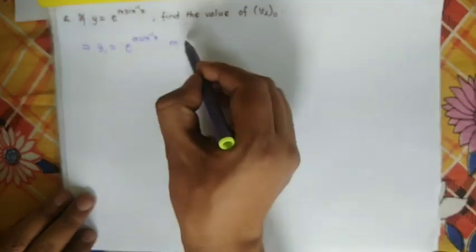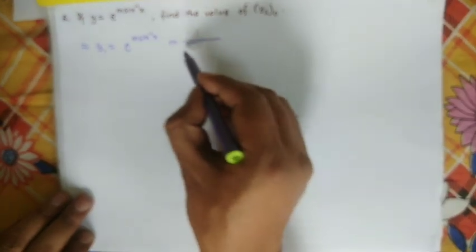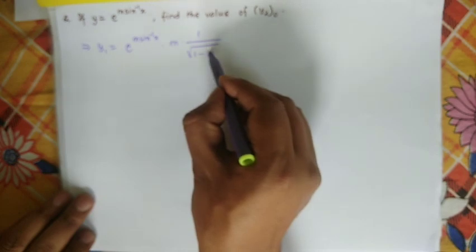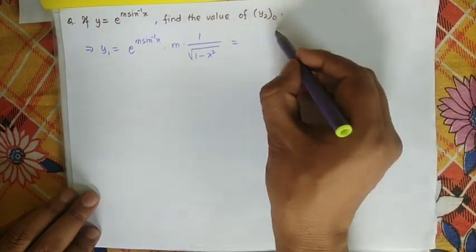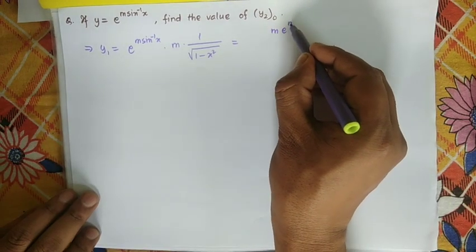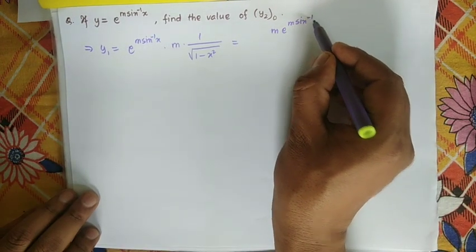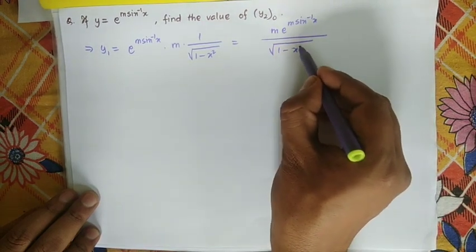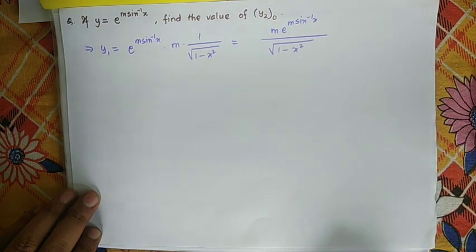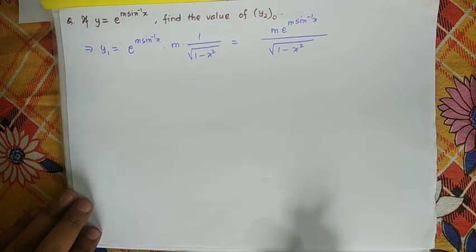Now differentiation of sine inverse will be 1 by root over 1 minus x squared. Yes or no? So this can be written as m e to the power m sine inverse x by root over 1 minus x squared.